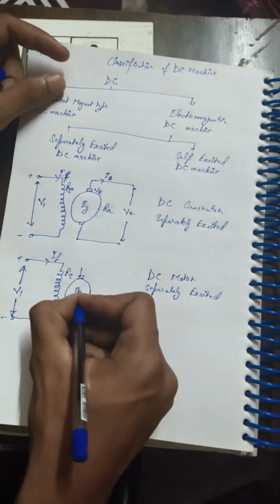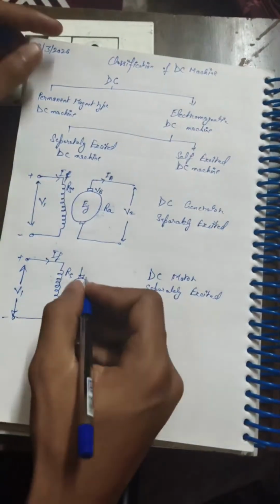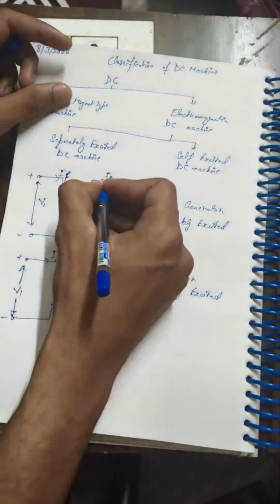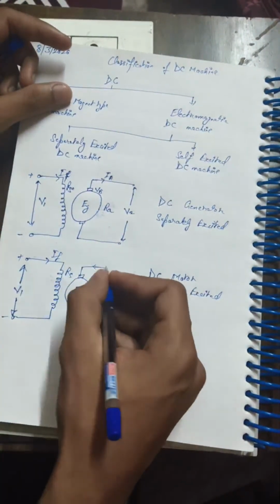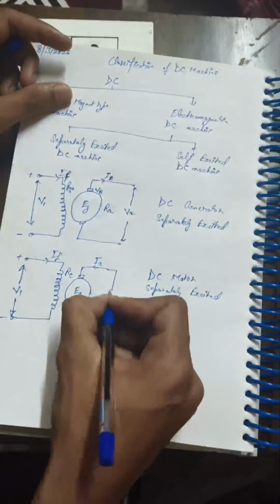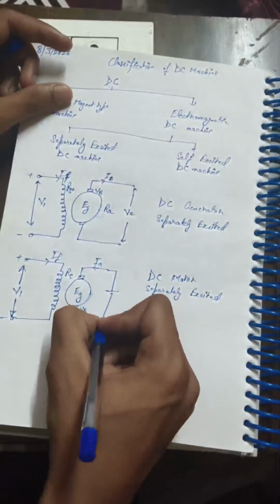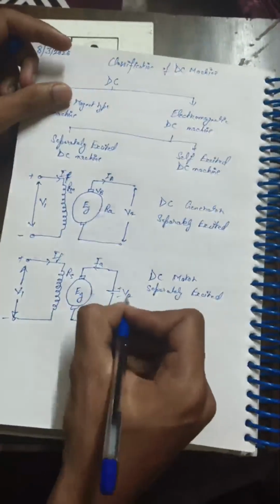So the generated, or say back EMF, which will be discussed later, is Eg, and the direction is also shown. Now the current flowing is Ia, the source is connected, and the terminal voltage is V2.